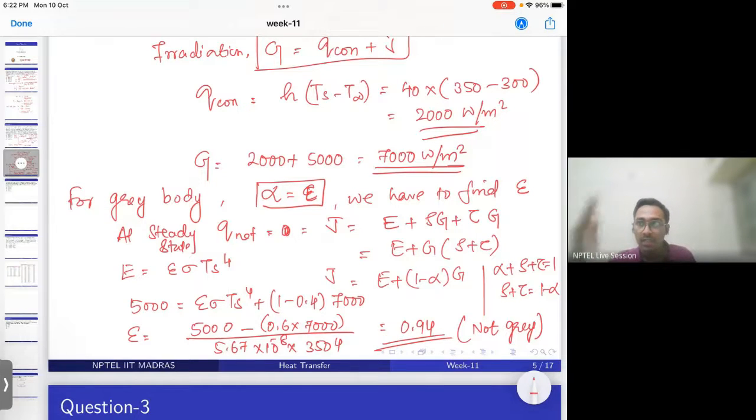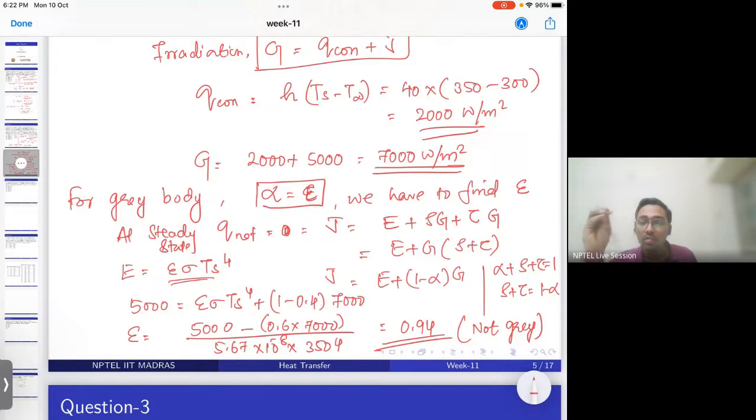So that radiosity will consist of the emissive power, that is the energy emitted by the body because of its temperature, plus a part of the reflected irradiation, and also it is specified that the body is semi-transparent, so some part of the radiation will be transmitted.